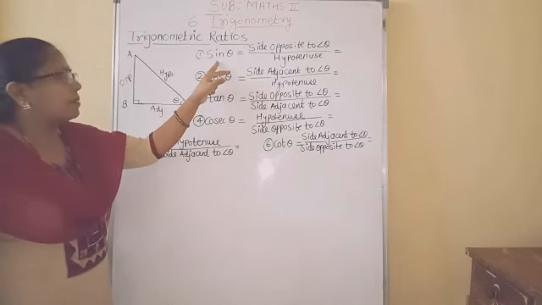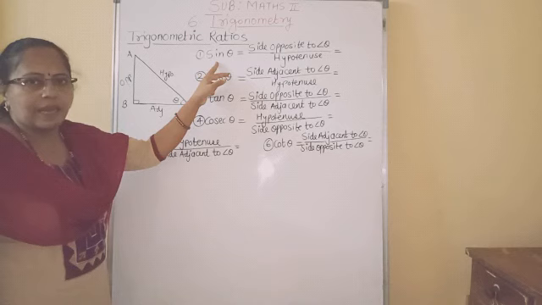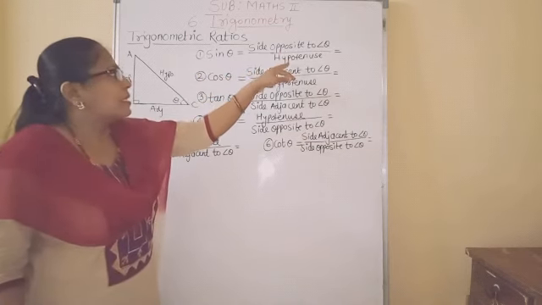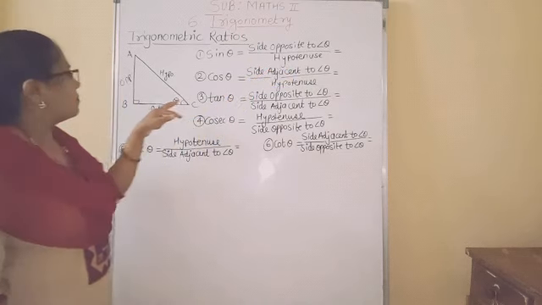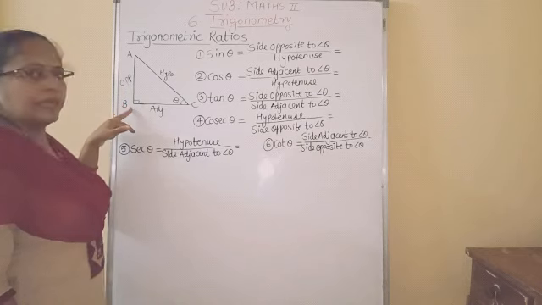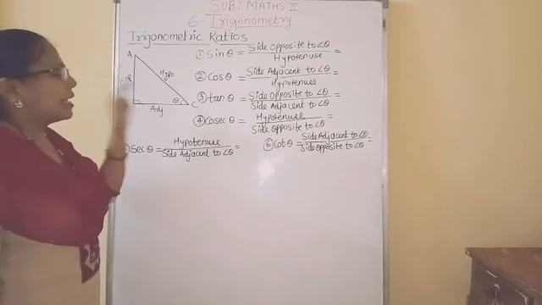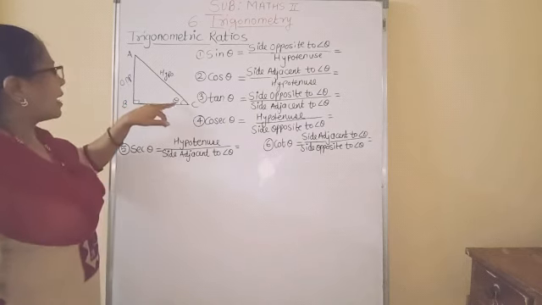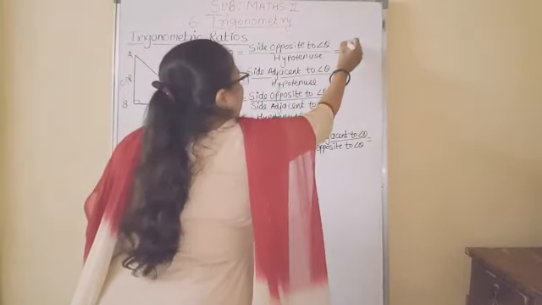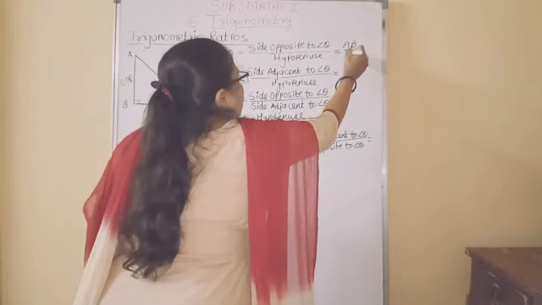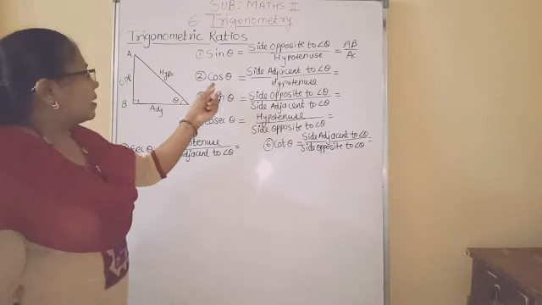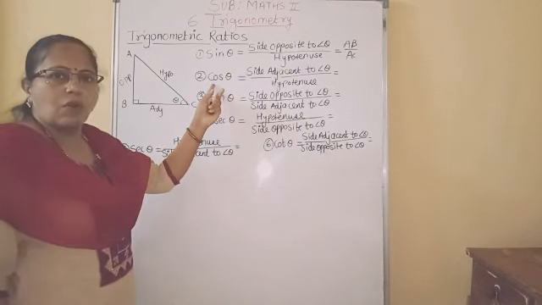So, the first ratio, sin theta. Sin theta is equal to side opposite to angle theta upon hypotenuse. The opposite side is AB and the hypotenuse is AC. So for this angle theta, the sin theta ratio we will write as AB upon AC. Next ratio is cos theta.